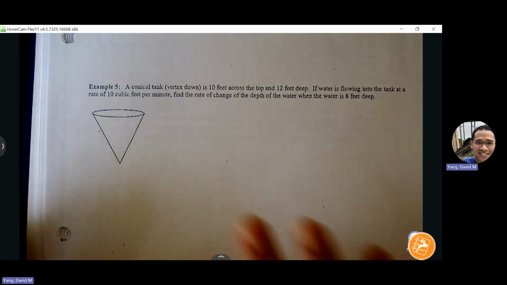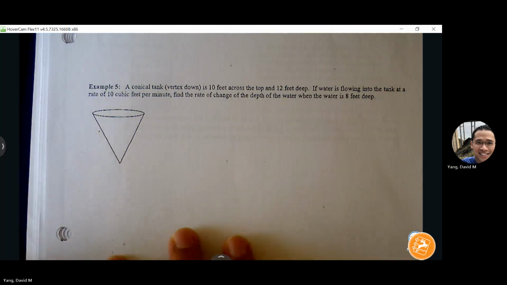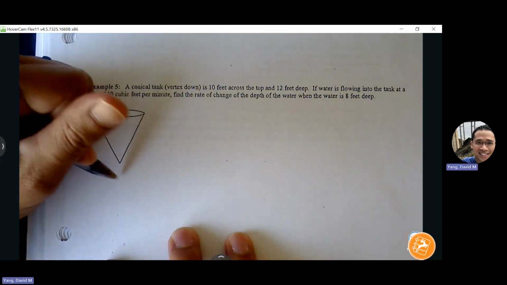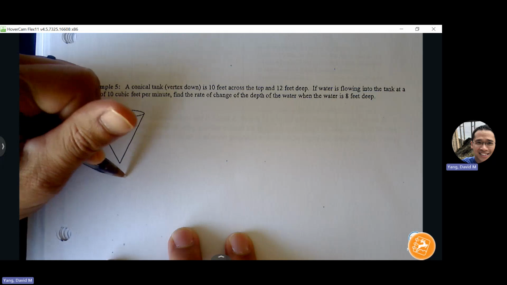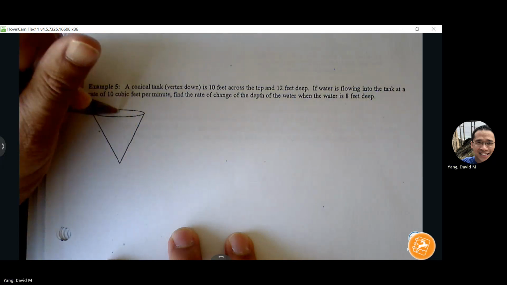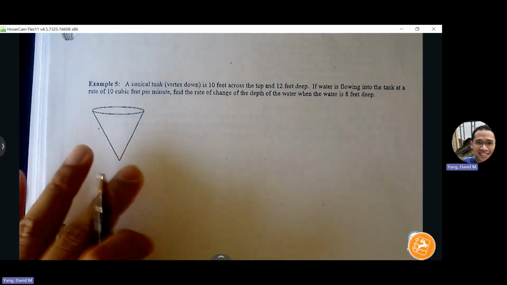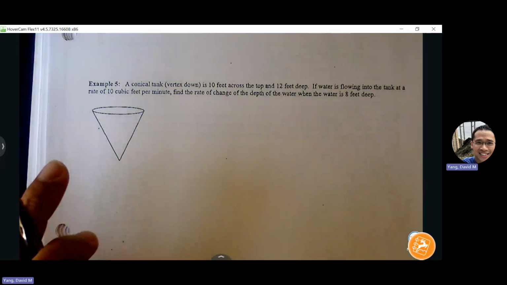So one thing that I want to show you about this shape is that there are more variables than we're able to manage.